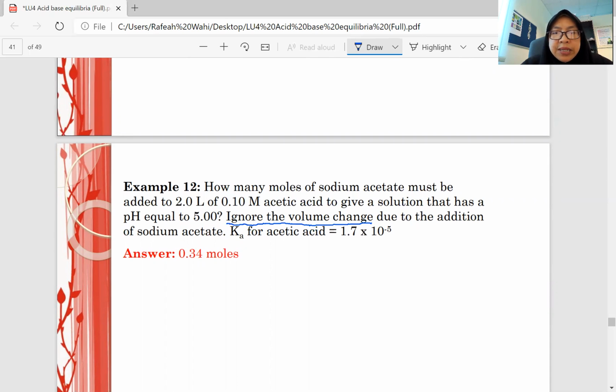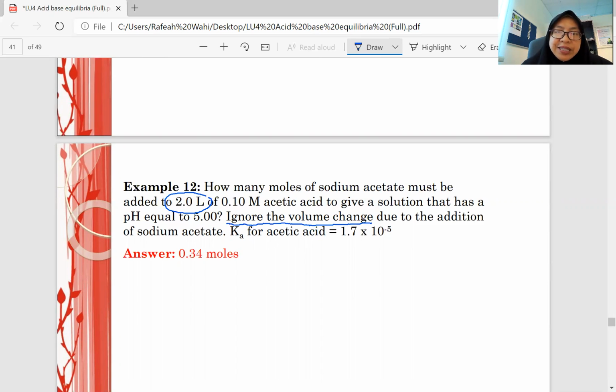Okay, so in this case, you just use the original volume. So there is no change in concentration of your species in the buffer solution.